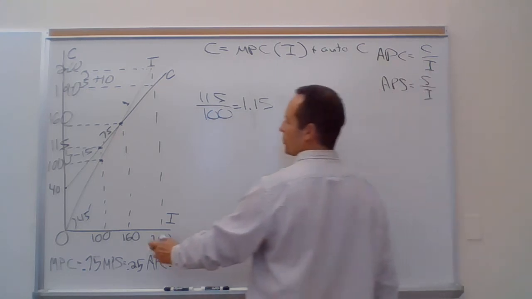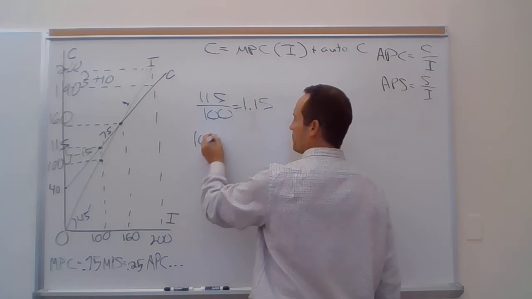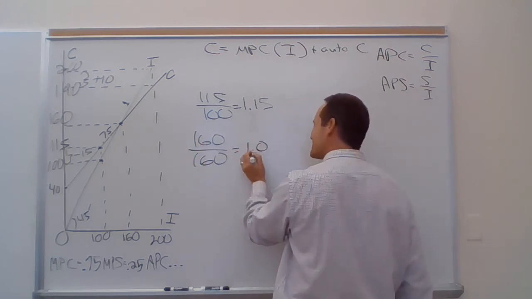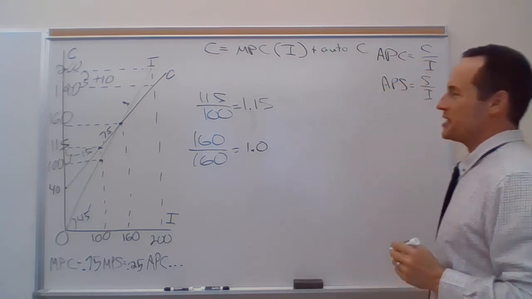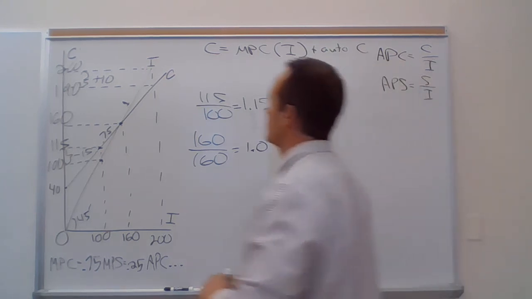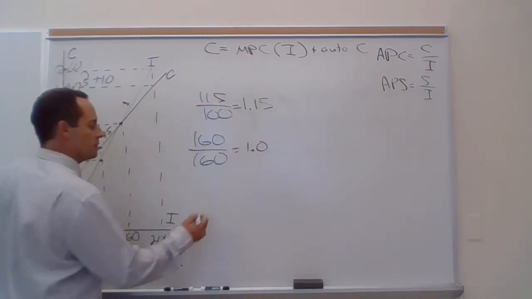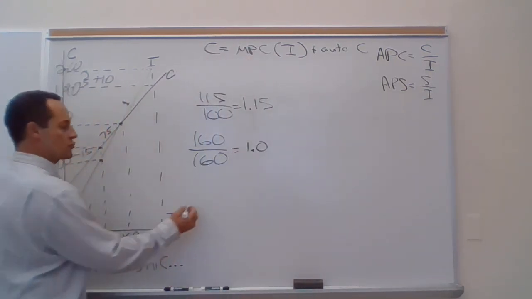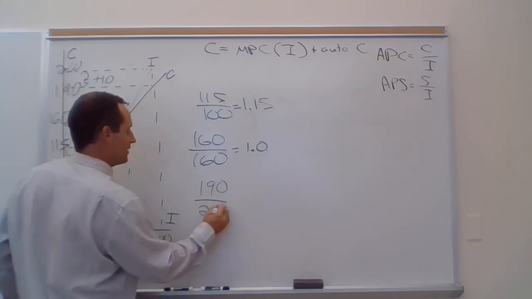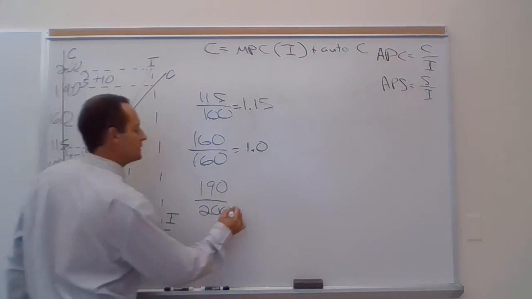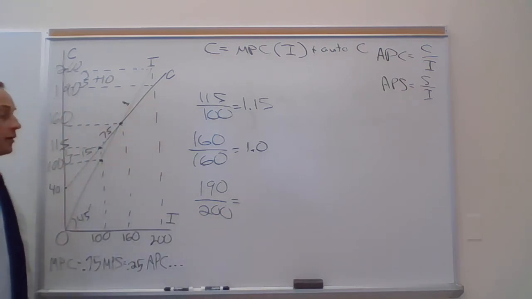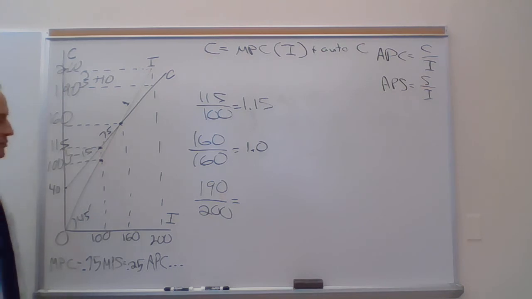At short-run equilibrium, income and consumption are the same at 160. So there, our APC equals 1.0. And finally, at income 200, we spend 190, and that works out to be 0.95, if my math serves me correctly.